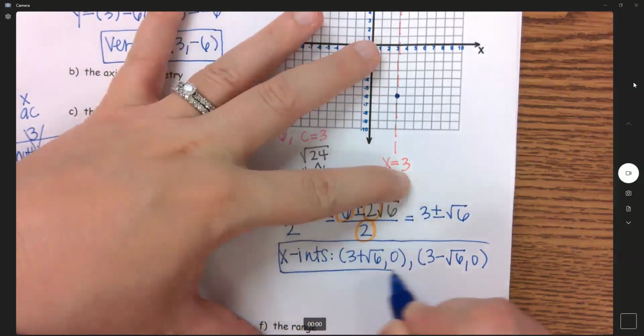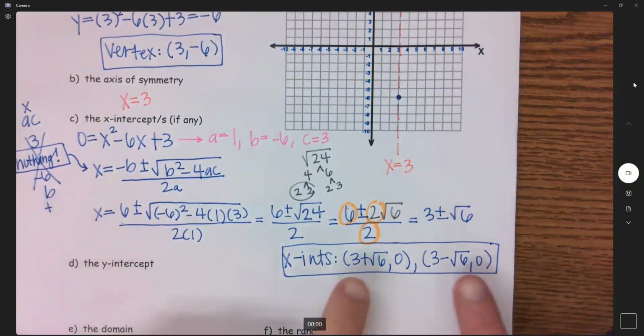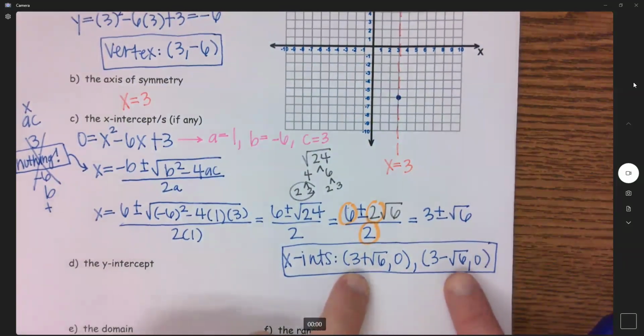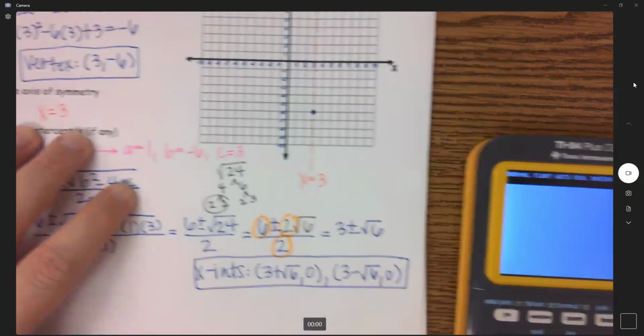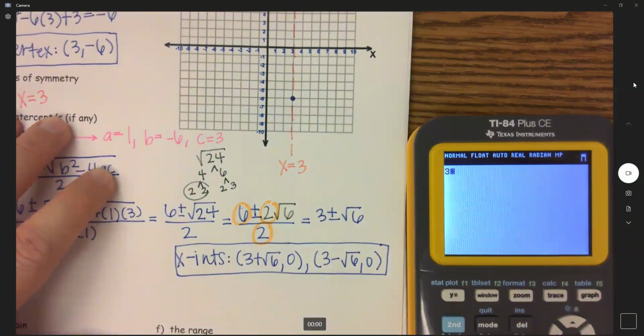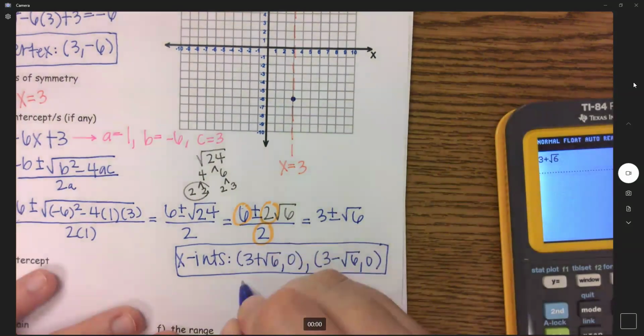Now, while these are the exact x-intercepts, those numbers don't really help me as far as graphing. So I need some decimal equivalents here. So when I put this in, I got 3 plus the square root of 6, and that's going to be about 5.45 for this number.